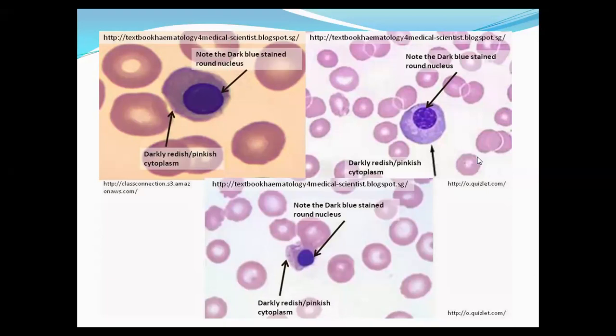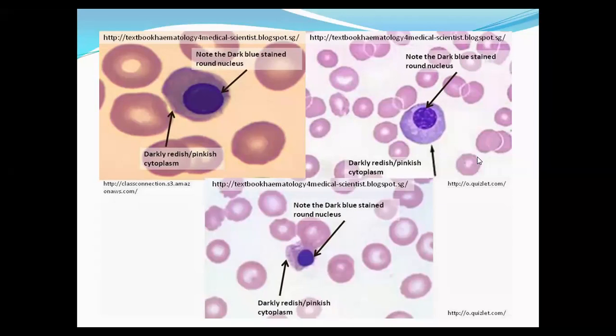In healthy people, NRBCs should not be present in the blood smear, but especially in neonatal blood samples from the pediatric clinic. In small children, we can see some NRBC, especially neonates. Then you must do an NRBC correction before you do the full blood count report, especially for neonates, right?